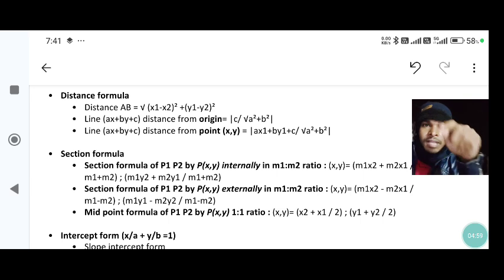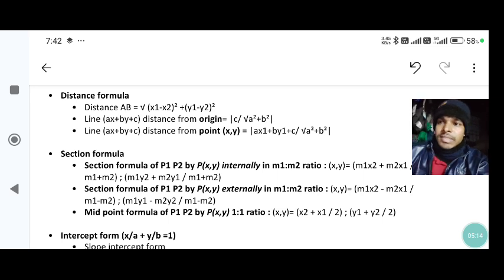This is the x coordinate. And for the y coordinate it is m2 y1 minus m1 y2 divided by m1 minus m2. Let me confirm whether it is minus or plus.